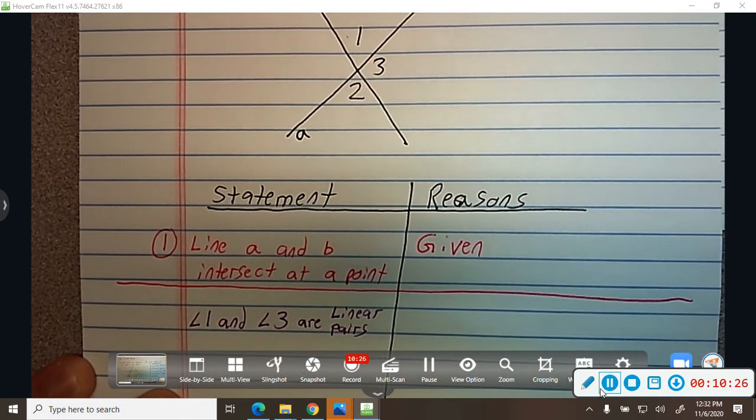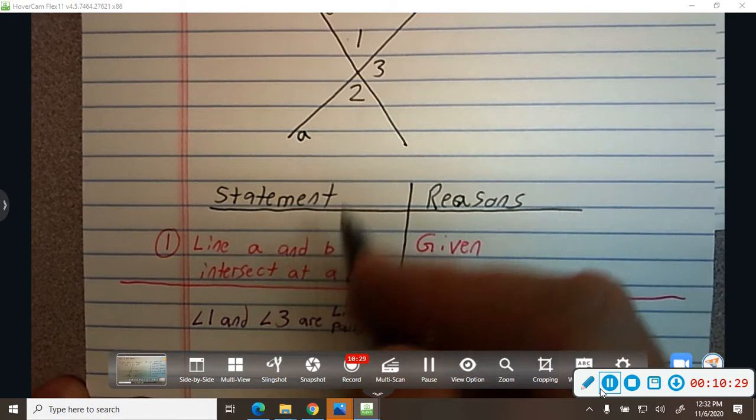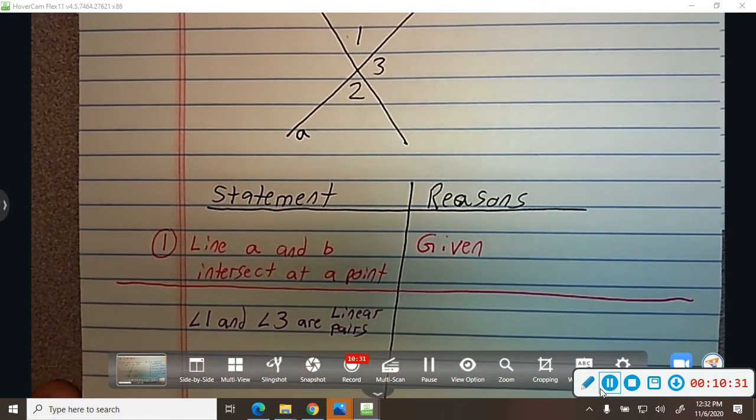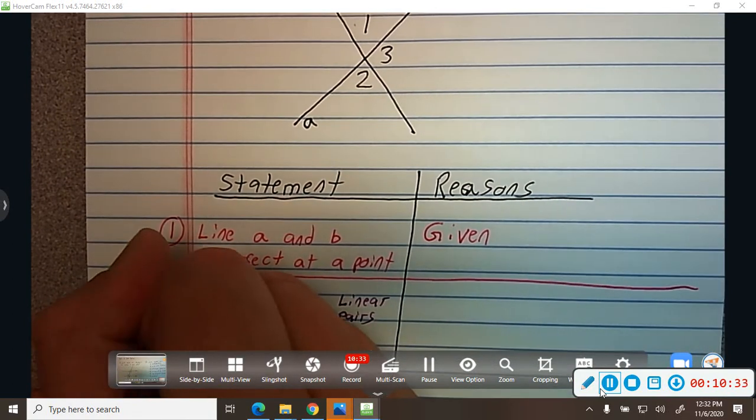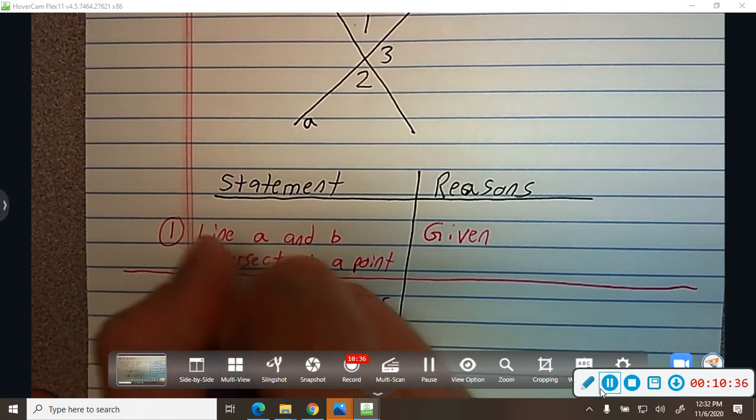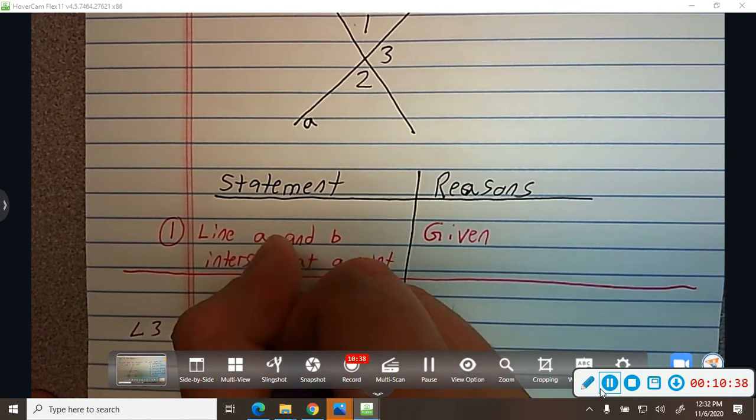And I'm also going to say that 3 and 2, I almost need more room, so I'm going to write it over here. Angle 3 and angle 2 are also linear pairs.